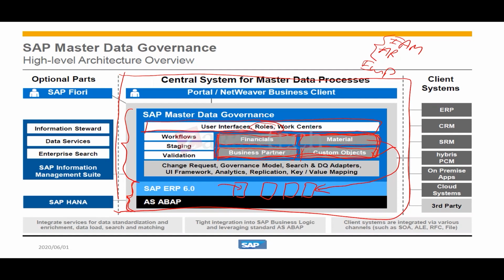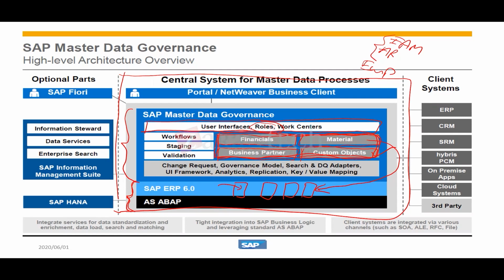A requester can only create master data, but cannot approve any requests. An approver can review the data and approve the request. A steward is a super authority: he can create the data, change the data, and approve the data. Those are usually the SMEs or the experts, and there will be separate roles for them.